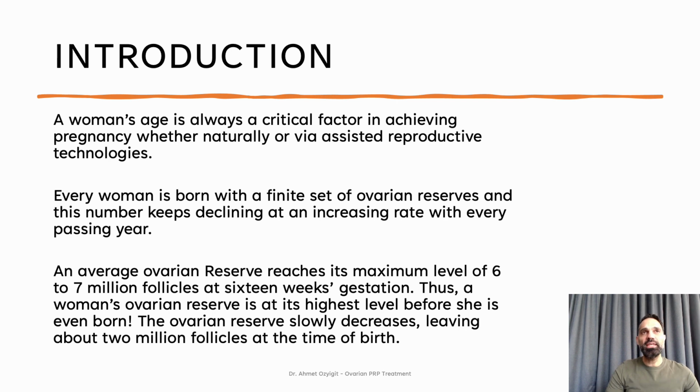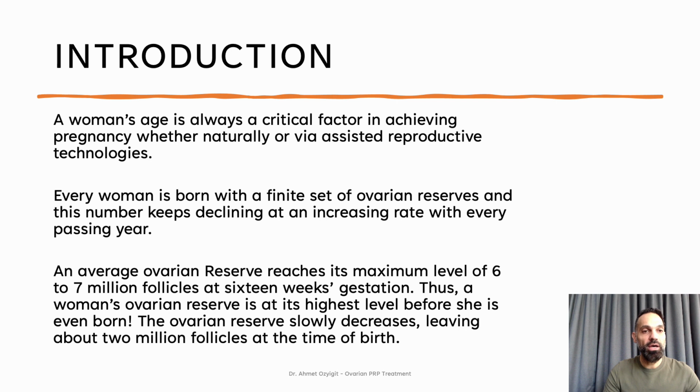So why do we need ovarian PRP? This is just to give you a basic, brief introduction of why ovarian PRP has come about. Essentially, what we're dealing with is a declining ovarian reserve. Every woman is born with a finite set of ovarian reserves, and even before they're born, these reserves start to decline in number.